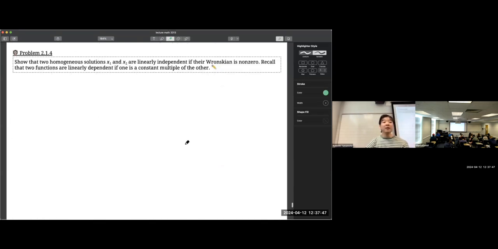Okay, to be complete, let's show that two homogeneous solutions x1 and x2 are linearly independent if their Wronskian is non-zero. I just told you that if the Wronskian is non-zero, you're able to find a solution to the general initial value problem. And I said that the fact that their Wronskian is non-zero is the same as those two solutions being linearly independent.